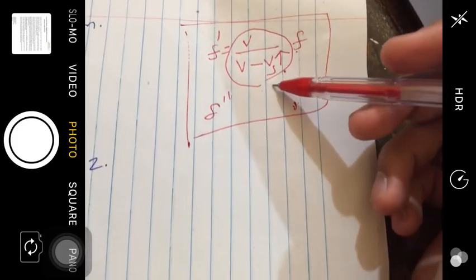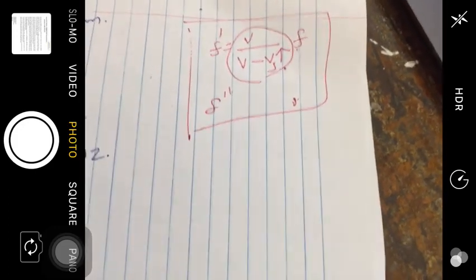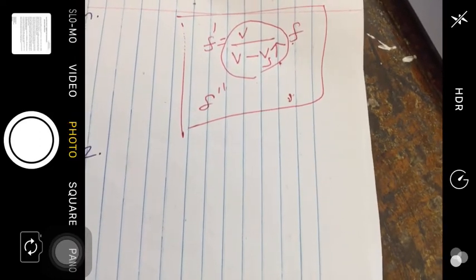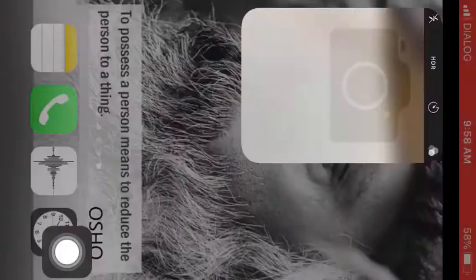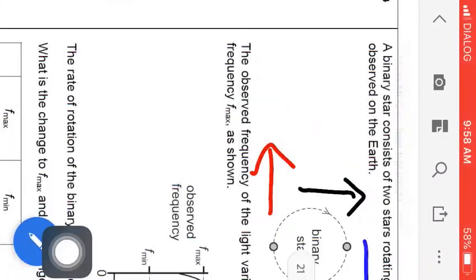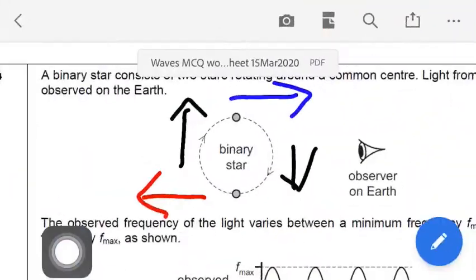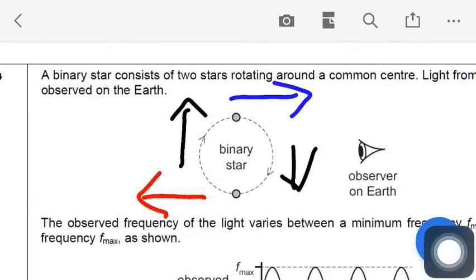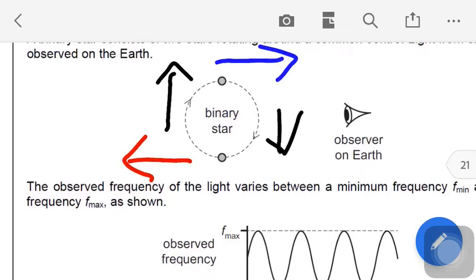Since this is an MCQ, even those who have used this equation and have got it still will get the marks. But if it's an explanation, if you use the equation, that's incorrect. Though the equation for the Doppler effect of electromagnetic waves is quite similar, still it is not the same equation. So you have to approach this question conceptually.